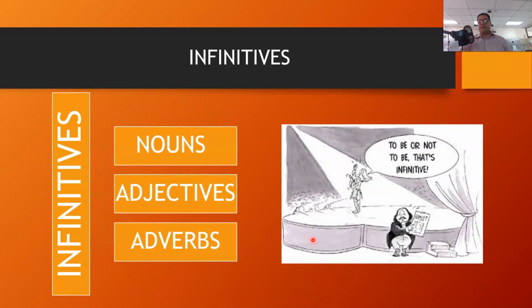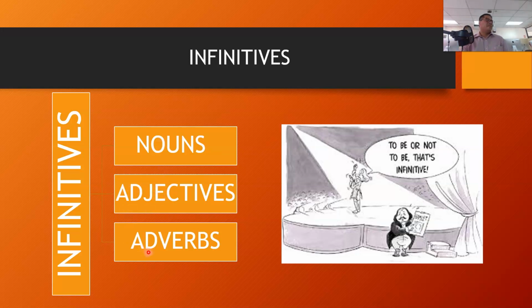Now guys, I want you to pay attention that infinitives are the most polyfacetic verbals, because infinitives can be nouns, they can be adjectives, and they can be adverbs. Okay? An infinitive can be a noun, it can be an adjective, and it can be an adverb.